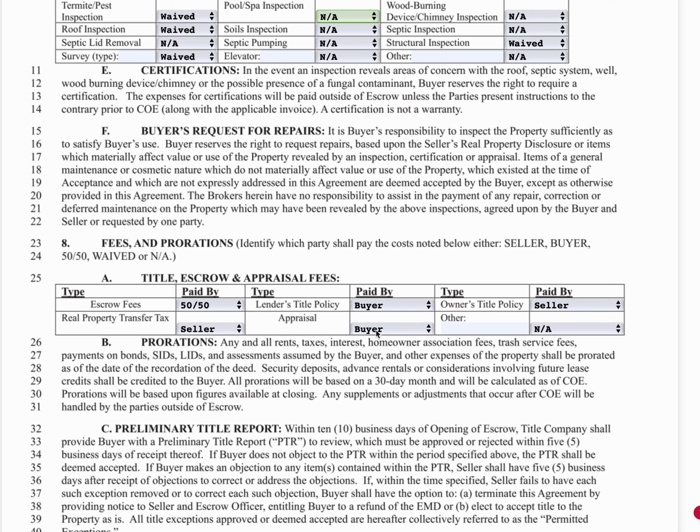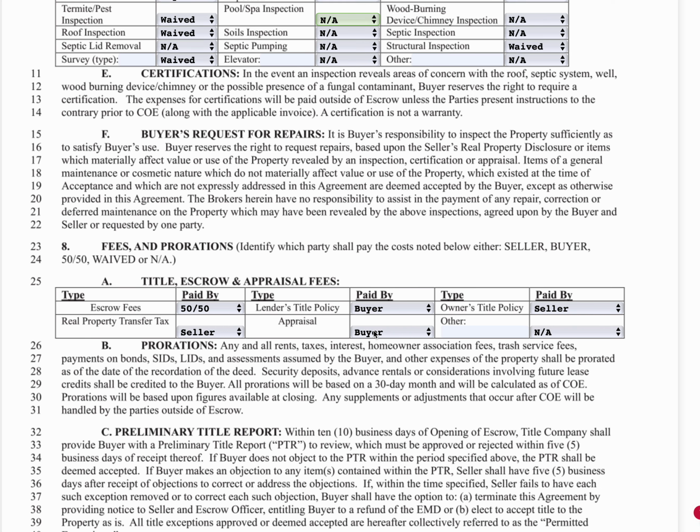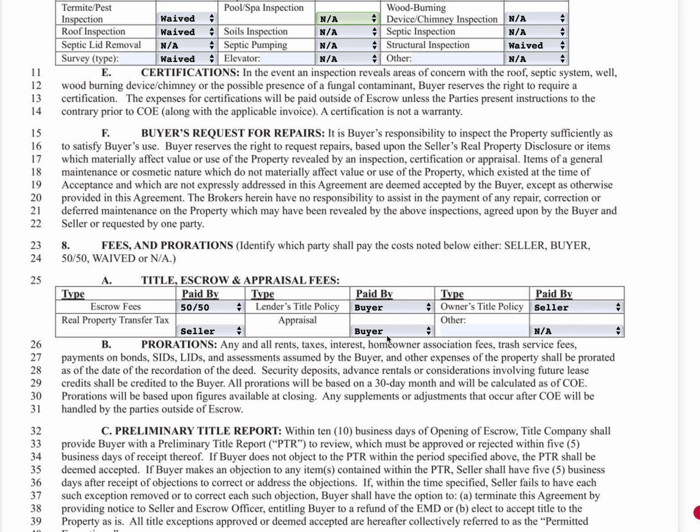Appraisal, if you are going through a program, the lender is going to go ahead and pay for the appraisal, but normally the buyer is responsible for paying the appraisal. It's going to be usually about $600, unless, again, you're going through one of our programs, then the appraisal is usually at no cost to them.